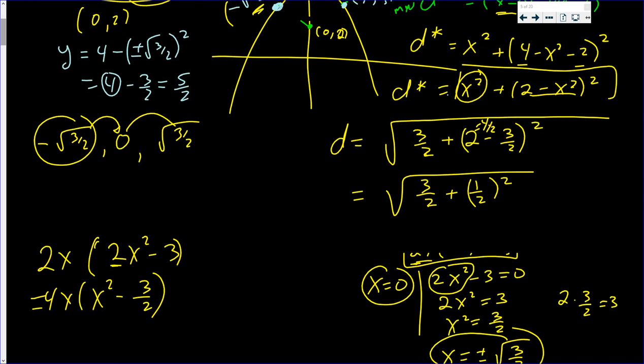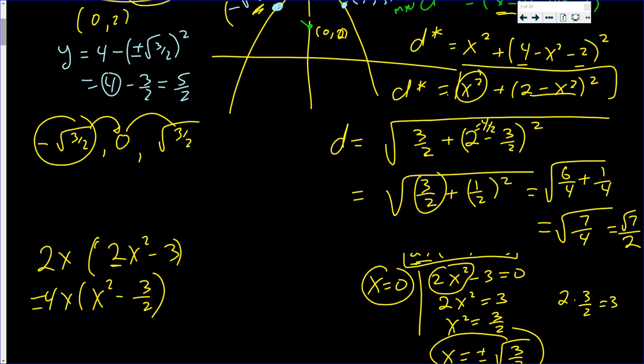Okay, we're getting there. The first number is 6 over 4. Plus a 1/2 squared is the quarter. That's why I wrote 3/2 as 6 over 4. And when I add them, I get 7 over 4. So the final answer is square root of 7 over 2.